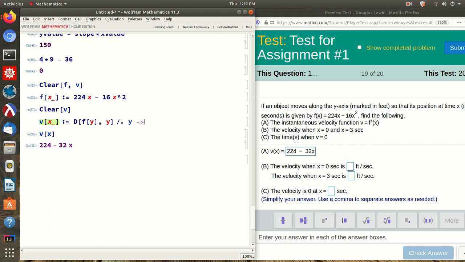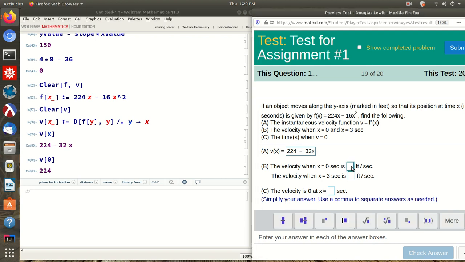When y is replaced with x. Okay, v of x, v of 0, yeah, that makes a lot more sense. So v of 0 should be, that was a Mathematica issue, not a calculus issue, 224.